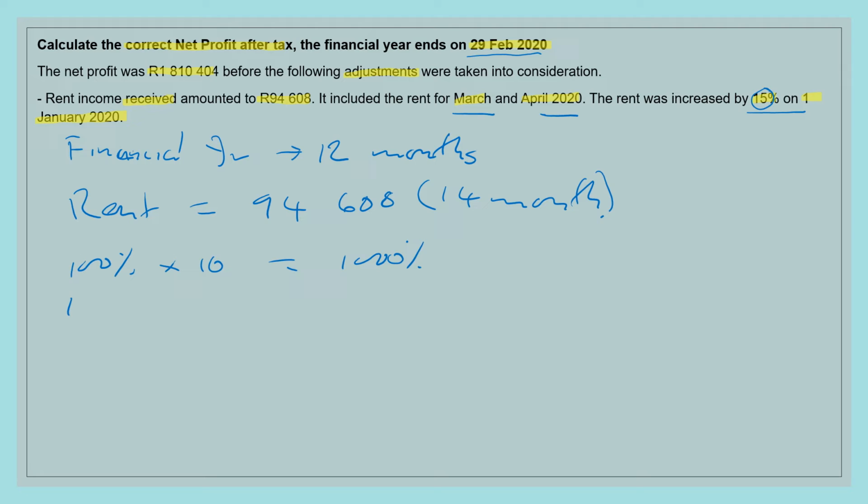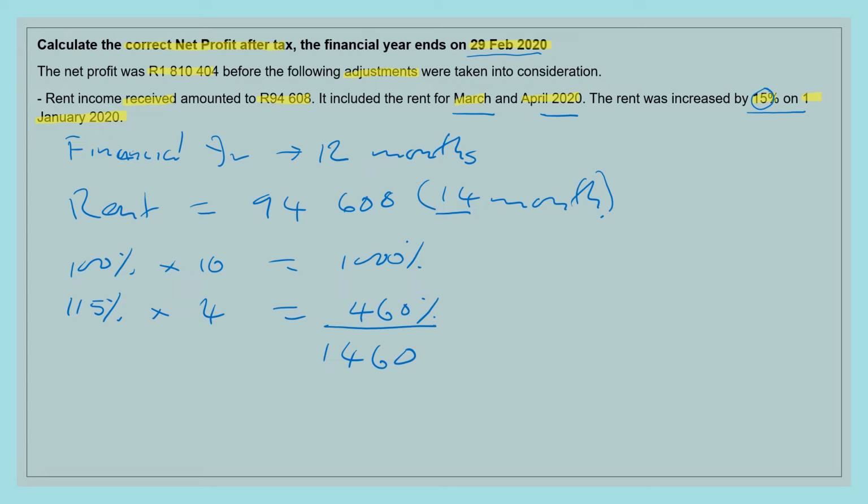Then rent was 115% for the other months, remember we're calculating for 14 months, so 115% for 4 months, which will give you 460. Then the total you get is 1460.